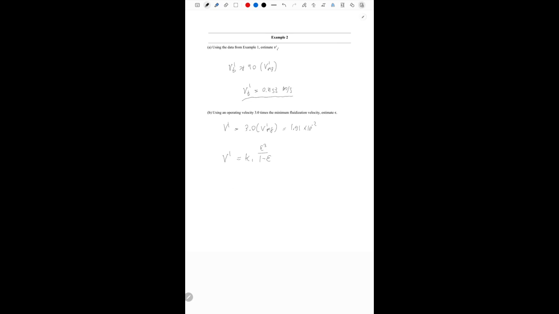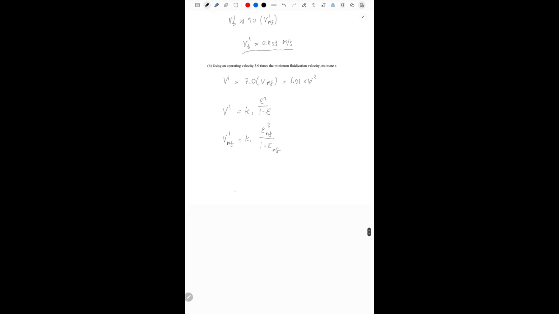We have the minimum fluidization porosity and the minimum fluidization velocity, so we can calculate K1 using that, and we'll find that K1 is equal to 3.94 times 10 to the negative 2.